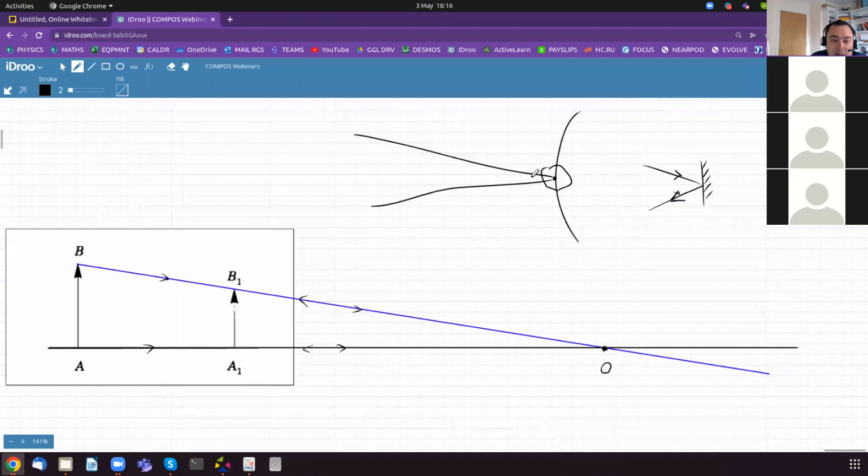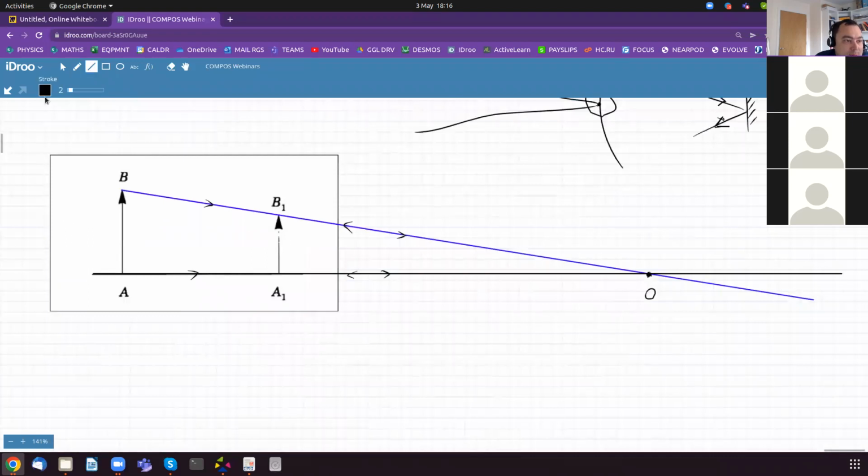Flat mirror. Okay, and to do this, I'm going to use the same principle. So I draw a line, AB, and then I go down.